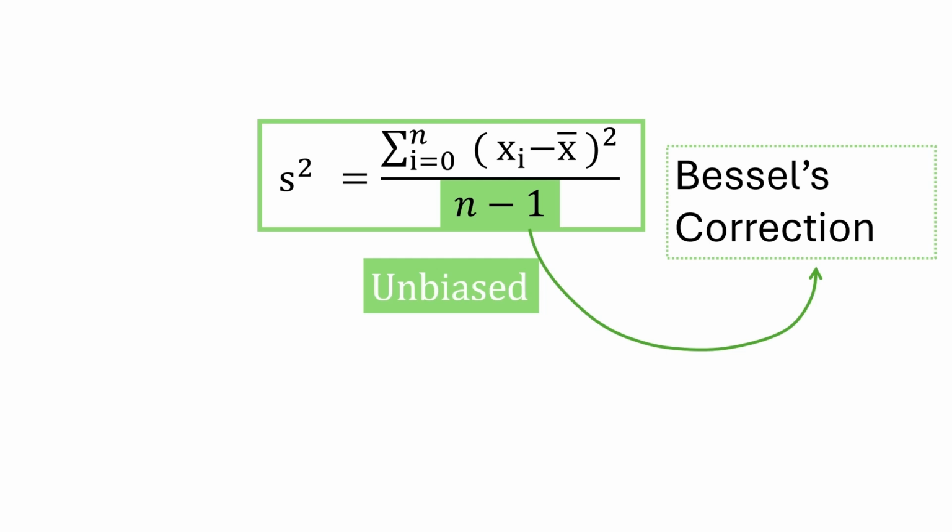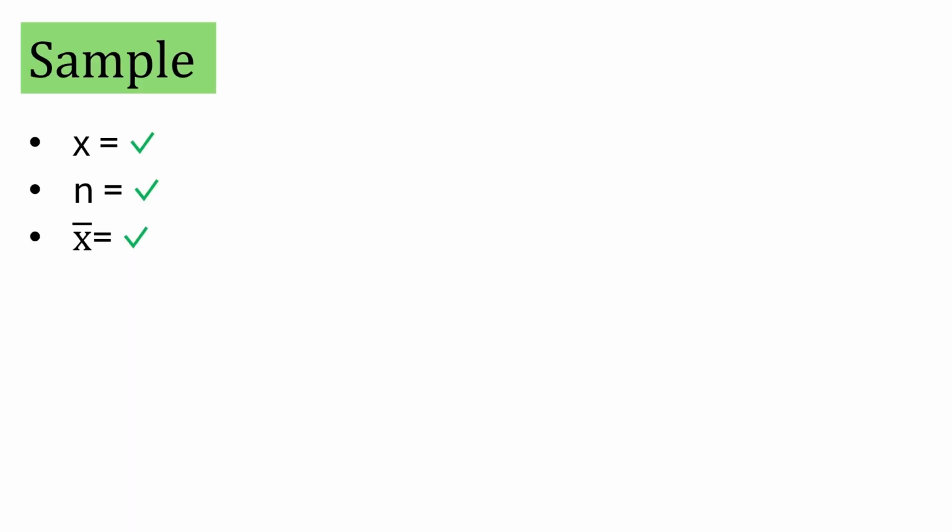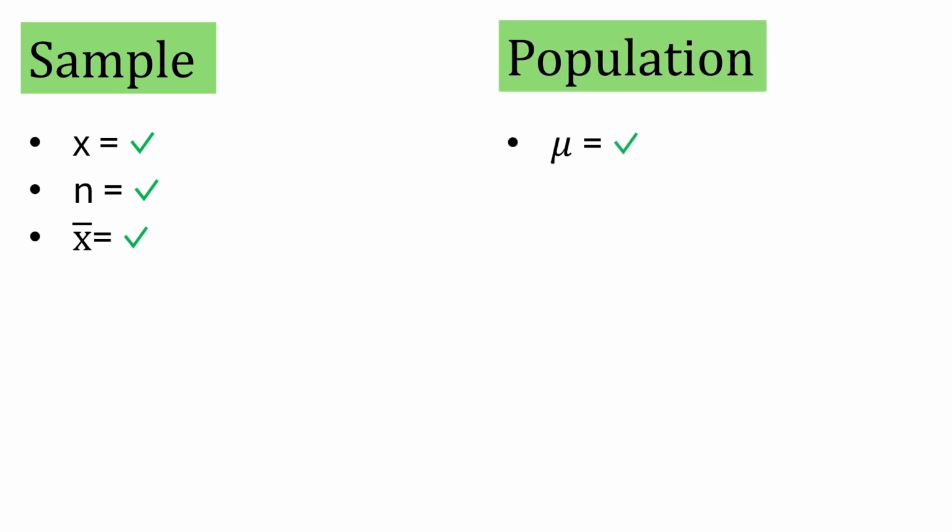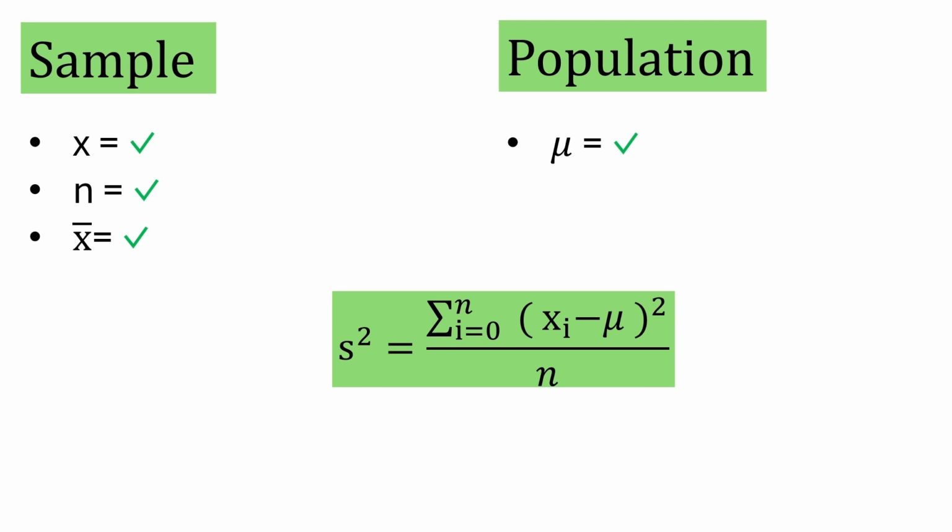Now there's a special case. We have the sample from the population, but in this case we also have one extra piece of information. We also know the population mean. Now in this case, when we want to estimate the population variance using the sample, we will use the population mean, or true mean, in place of the sample mean.